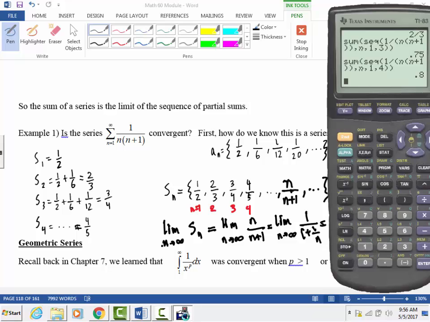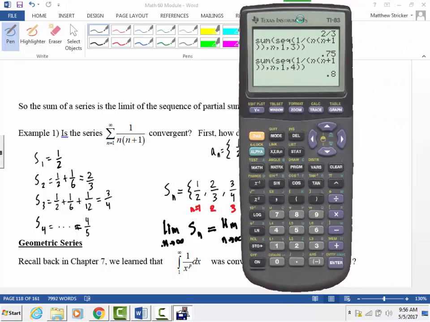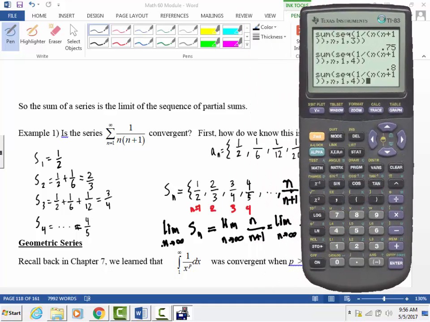Now, check this out. Go back to your calculator and let's use this notation that we've just been using, and change to this part here. Just go second, enter, and it gives you your previous entry. So now we're going to do it for n over n plus 1.